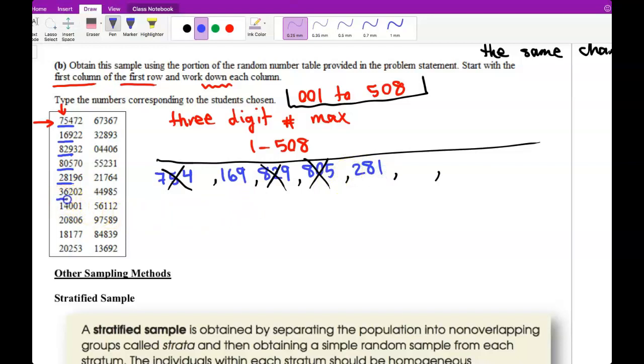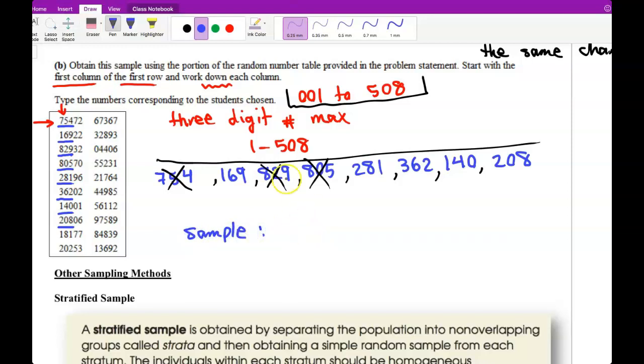Okay, then 362. Now we have 1, 2, 3. 140. And 208. So this is our sample.